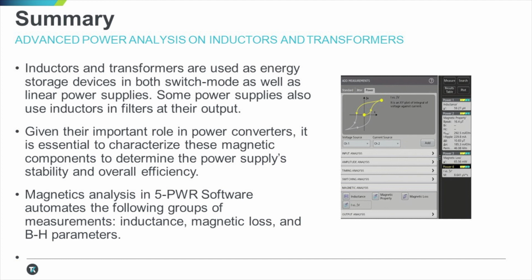So magnetic analysis in our software, again, automates the following groups of measurements, that being inductance, magnetic loss, and the range of measurements of the BH or hysteresis parameters.